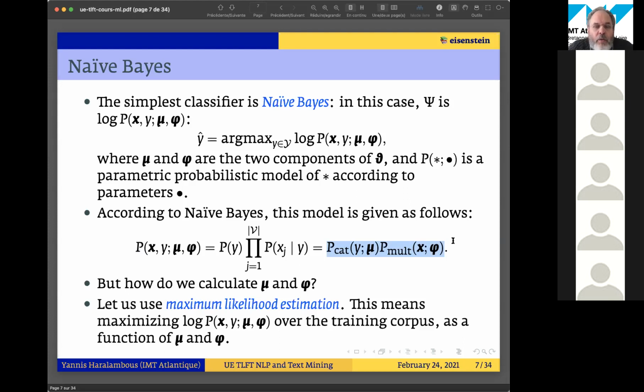Likelihood is, again, the joint probability, but this time considered as a function of the parameters, mu and phi. And the maximum will be the maximum depending on mu and phi. So we will maximize the probability on the training corpus and obtain the values of mu and phi that give us the highest probability for the corpus.